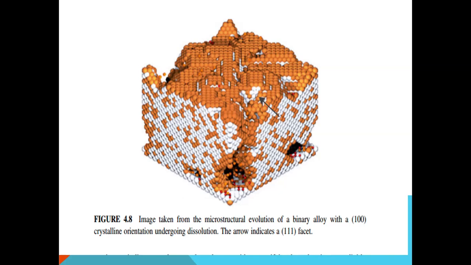The arrow indicates a 1-1-1 plane. The crystal planes play a role in corrosion zones and in the progress of corrosion.